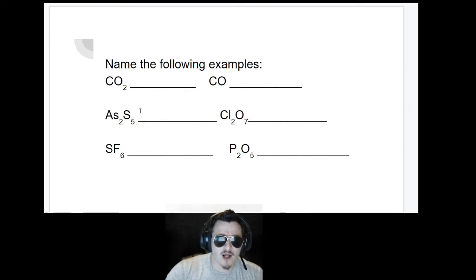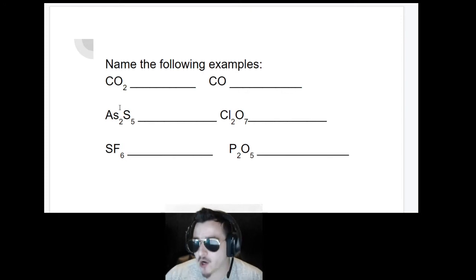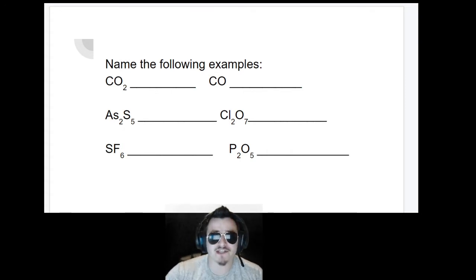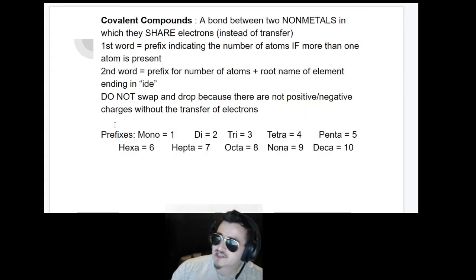Okay? Right here we have the chemical formula for a pair of cheeks, as you can see right here. But there's two arsenics, so this is going to be diarsenic, and there are 5 sulfurs, so it's pentasulfide. The hardest thing about this is you've got to know your prefixes. And because a lot of you have probably already taken geometry or at least referenced geometric shapes in the past, you probably already know most of these prefixes.